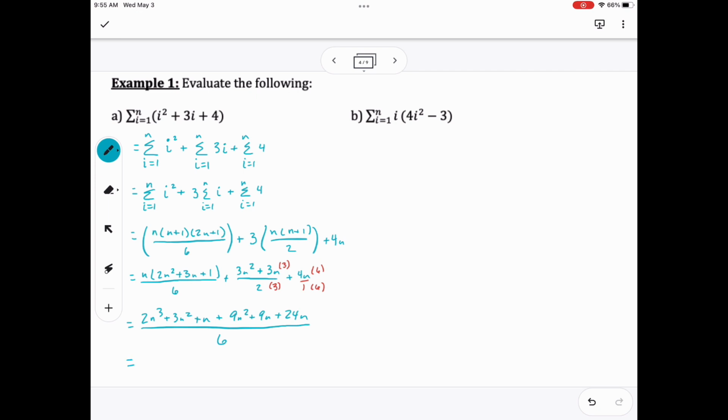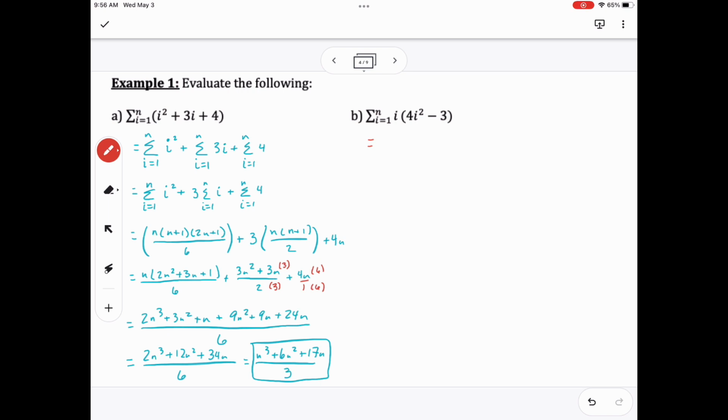Then I'm going to simplify a little bit by putting like terms together. And if there are any factors on the top and the bottom I can reduce, I will do that. That gets me n cubed plus 6n squared plus 17n all over 3.